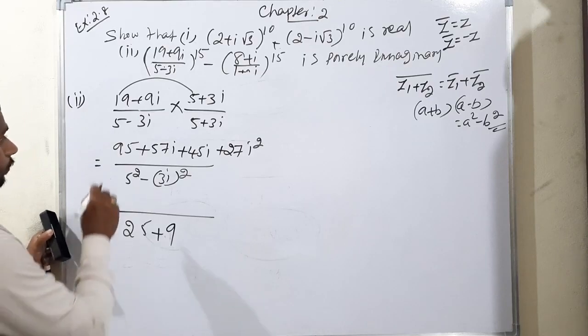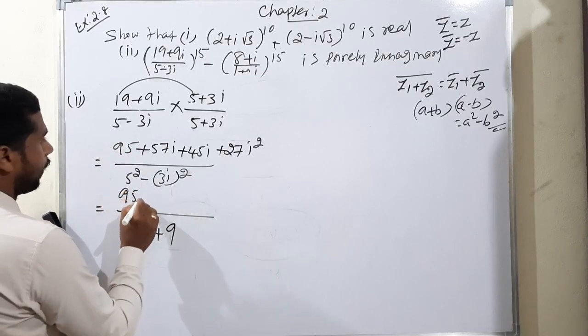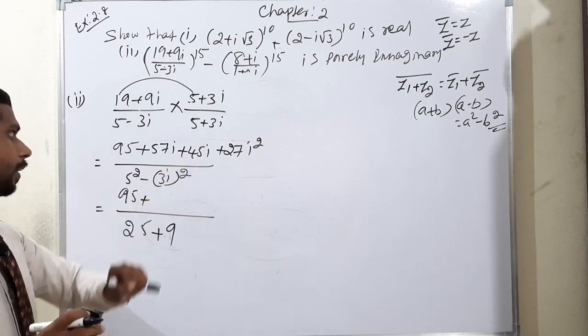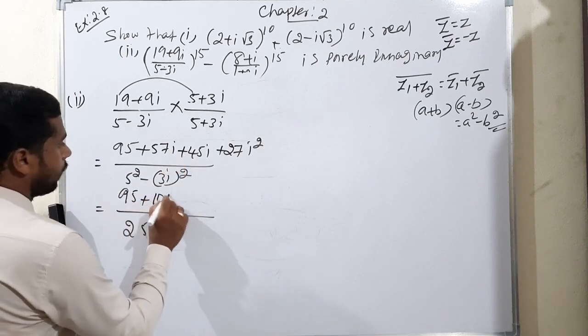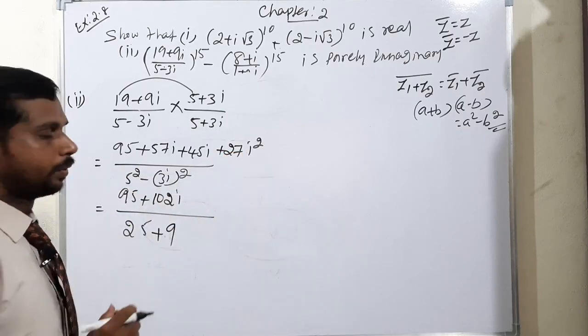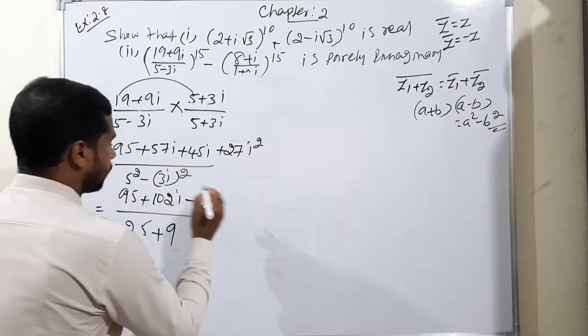Now simplify. 95 plus 57i plus 45i, where 57 plus 45 is 102i, and i square means minus 1, therefore minus 27.